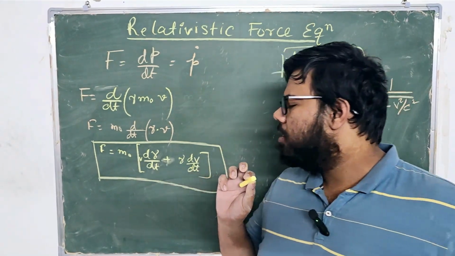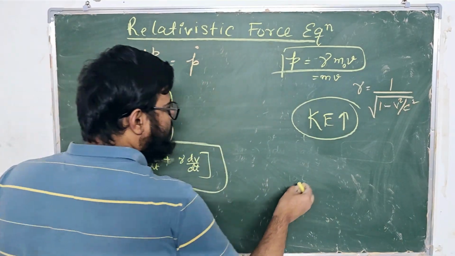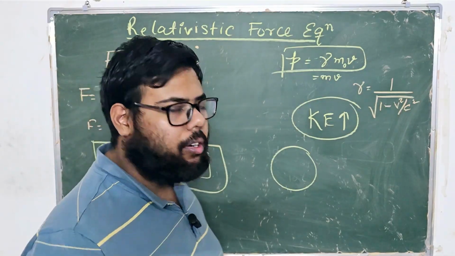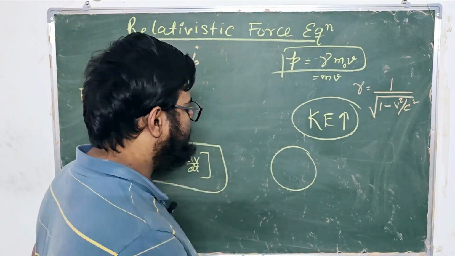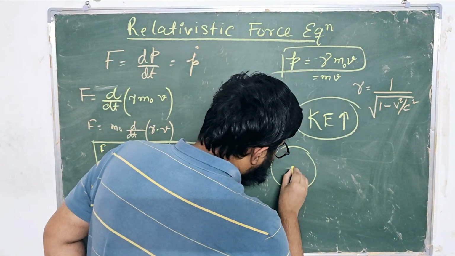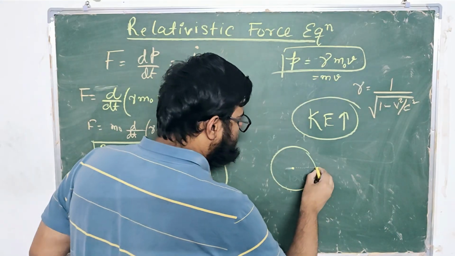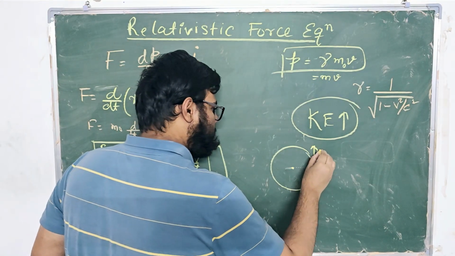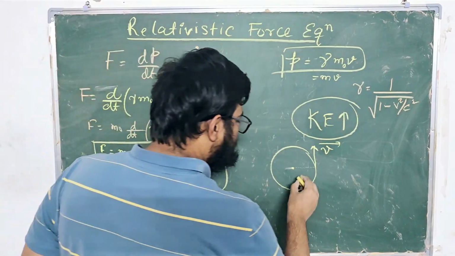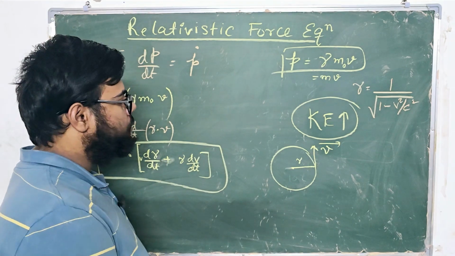Now one thing, suppose I am talking about uniform circular motion. This is the velocity vector, correct? This is the radius, okay?